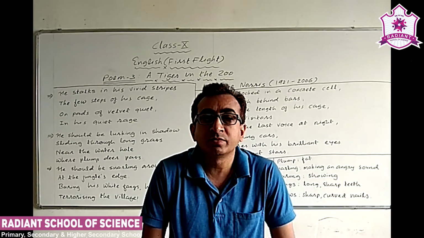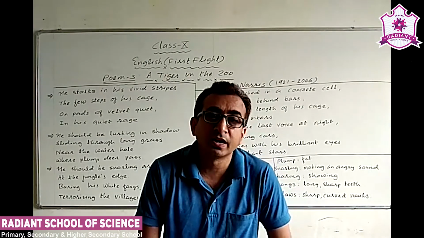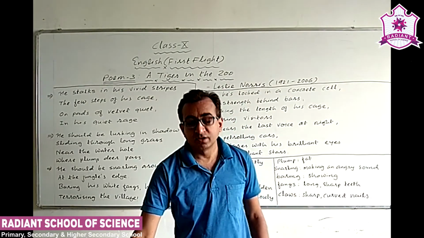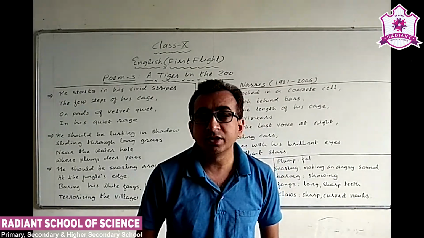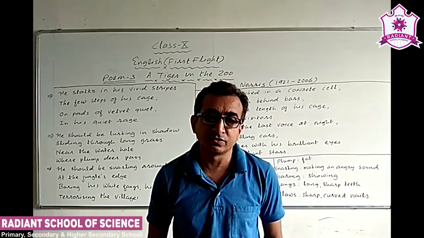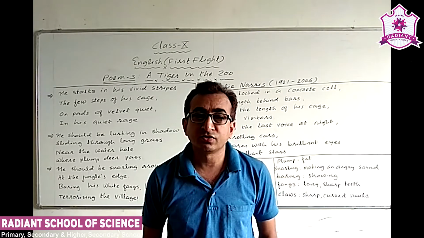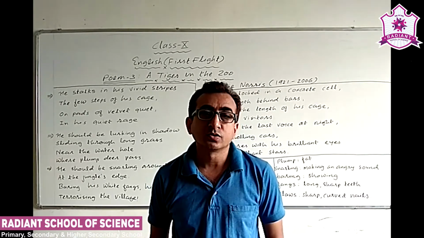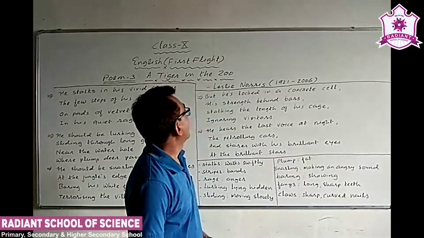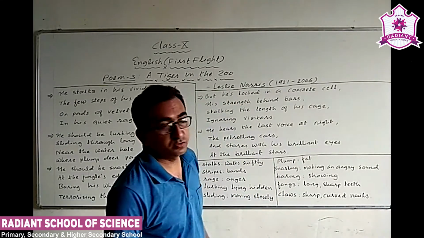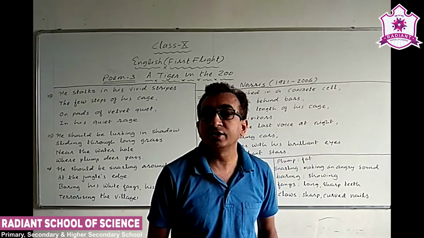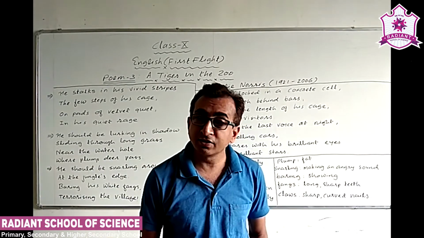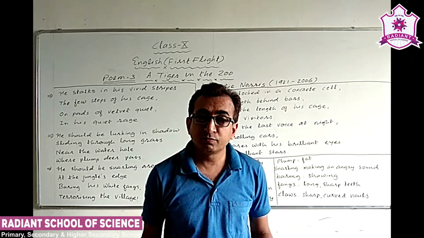The entire poem is written on the board, as you can see. But let me give you a brief introduction of the writer, the poet, before we start discussing the poetry. The writer is Leslie Norris, whose lifespan was from 1921 to 2006. He was a Welsh poet.